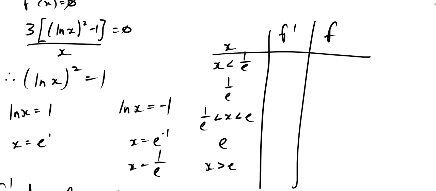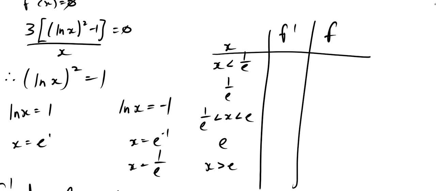It could be a little messy finding values. I've got to find a value that's less than 1 over e, but I don't want to use negatives because we saw that that's not going to work, right? In some cases it might, in some cases it might not. So what's a value that I could use less than 1 over e, but that's not going to give me an error?